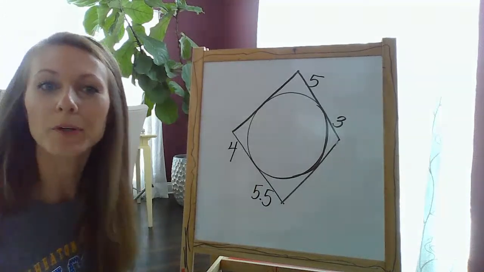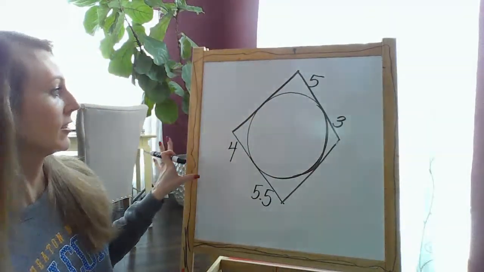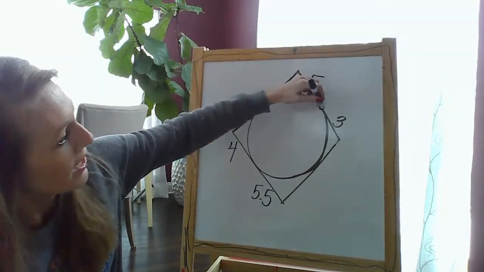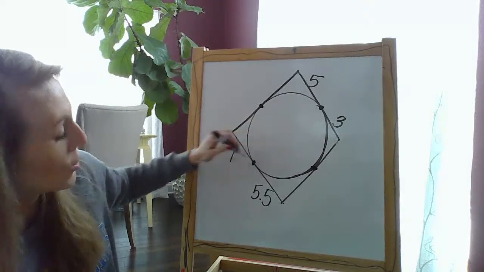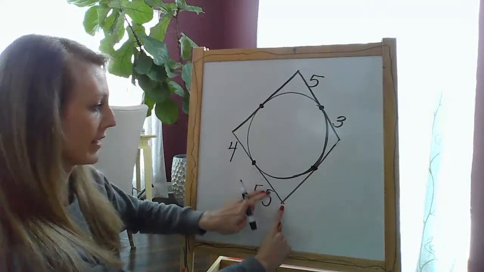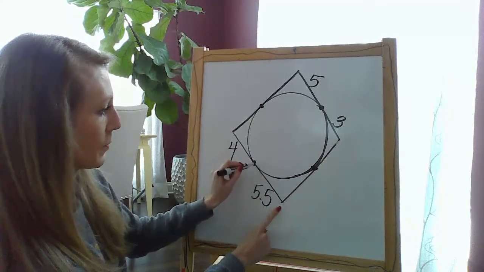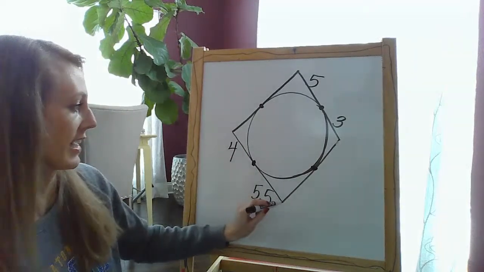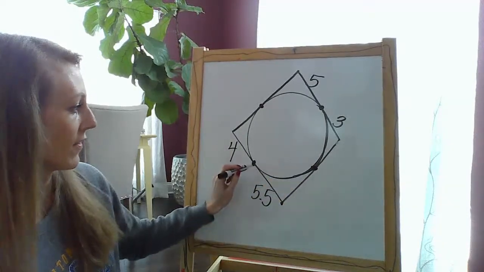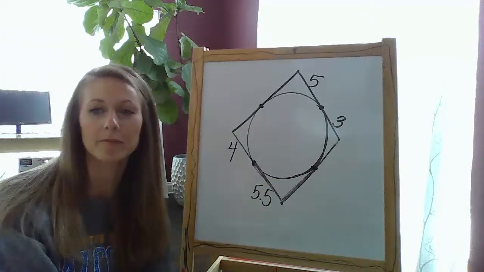So we can ask what the perimeter of this quadrilateral is. We don't have any special name for the quadrilateral. We just know for sure it has 4 sides, and every side is tangent. So here would be, for example, 2 tangent segments that both come to the same exterior point. From this point of tangency to this exterior point that's shared with another segment, if this length is 5.5, what's your guess on this length here?